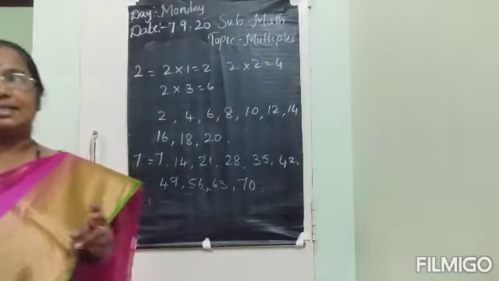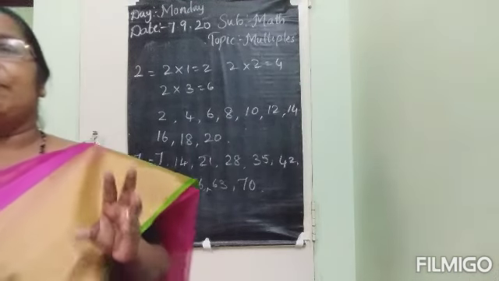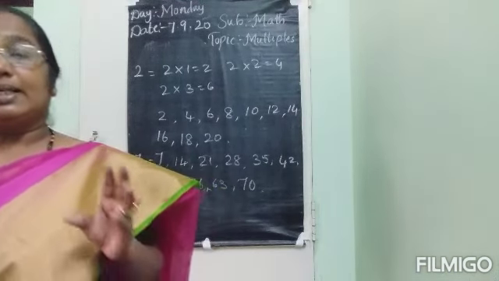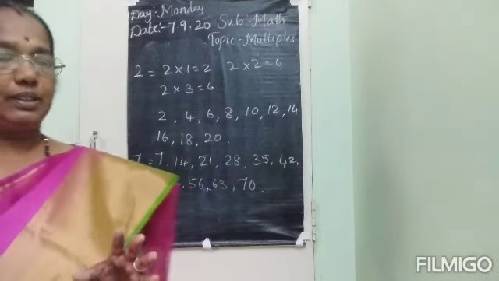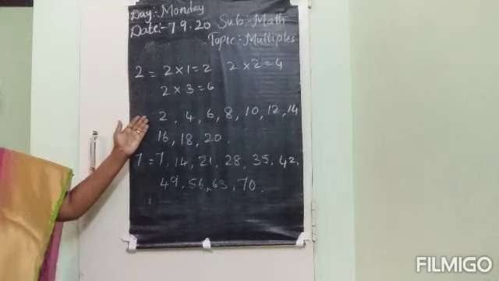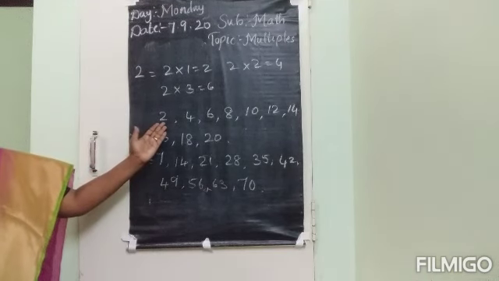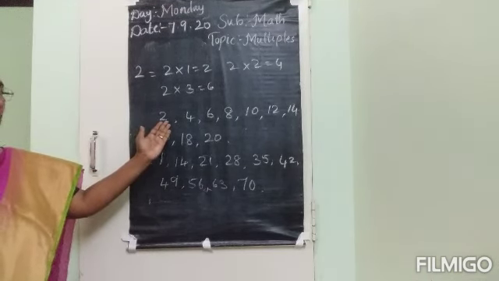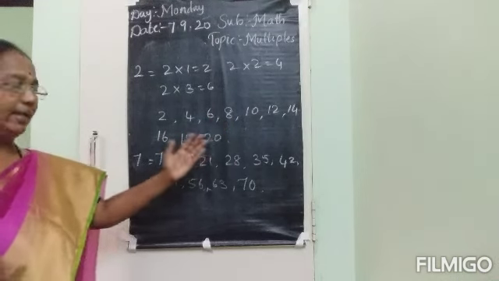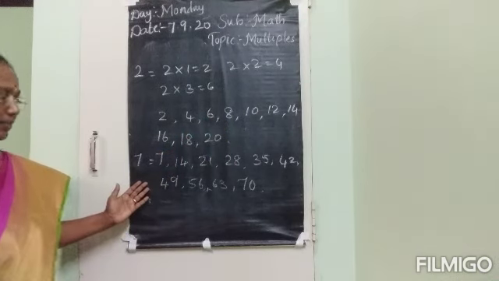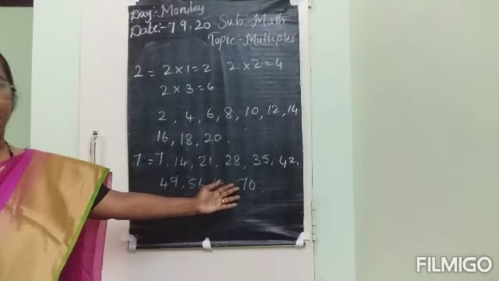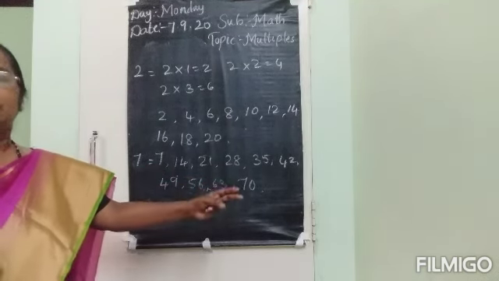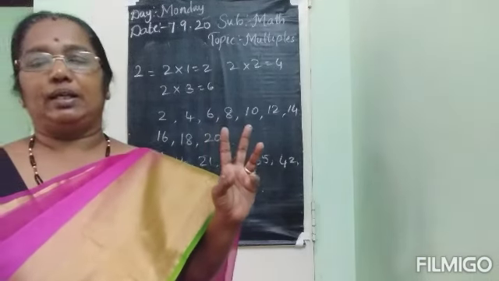So that is the second property. Here I have taken multiples of 2. 2 is equal and all the rest are greater. 7 is also the same thing. 7 is equal and all the rest are greater. So that is your second property.